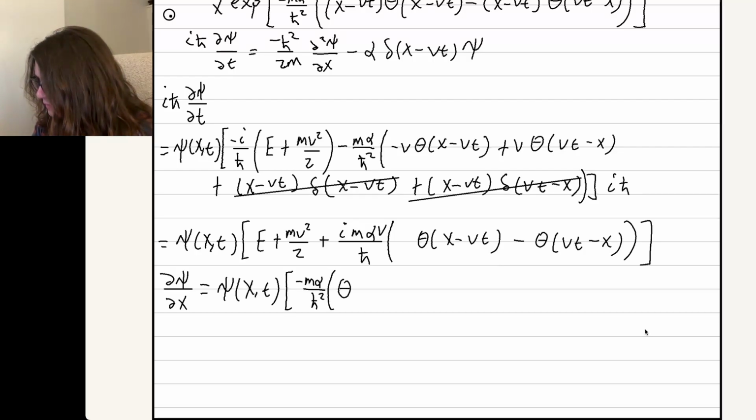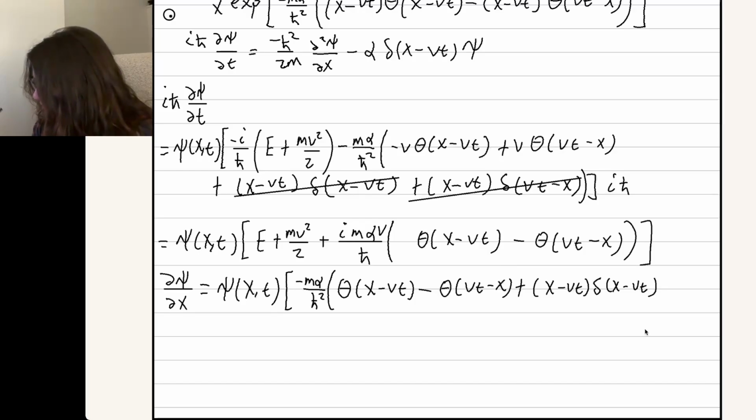You get this theta function of x minus vt, minus the theta function of vt minus x, plus x minus vt times the delta function of x minus vt, which goes to 0 by itself, and it's still plus, x minus vt times delta of x minus vt, which goes to 0 by itself.